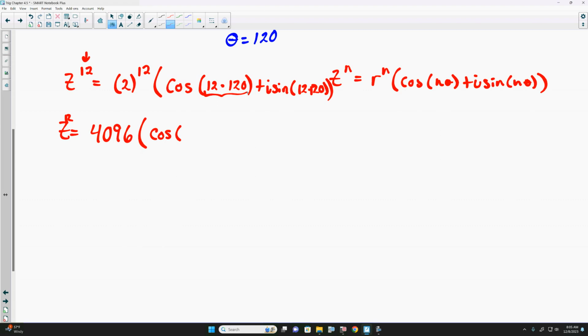So 12 times 120. Well, if we multiply 12 by 120, we just need to add a 0. So 1,440 plus i sine of 1,440.